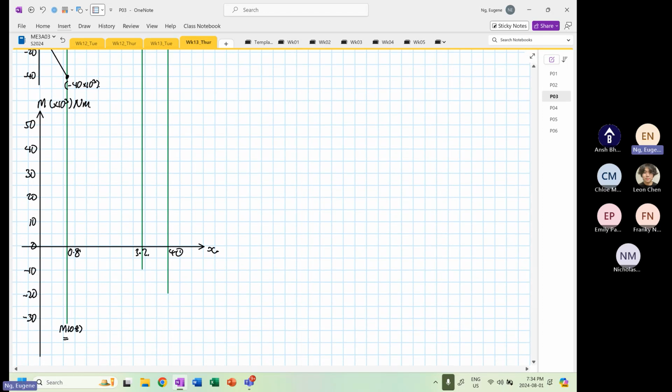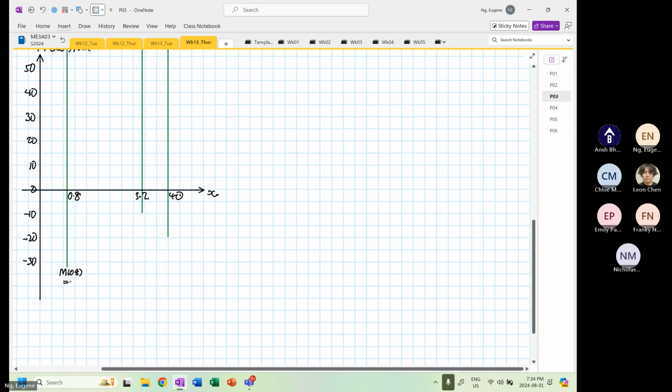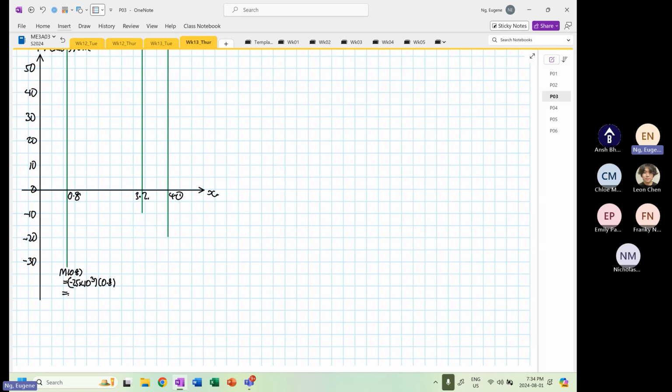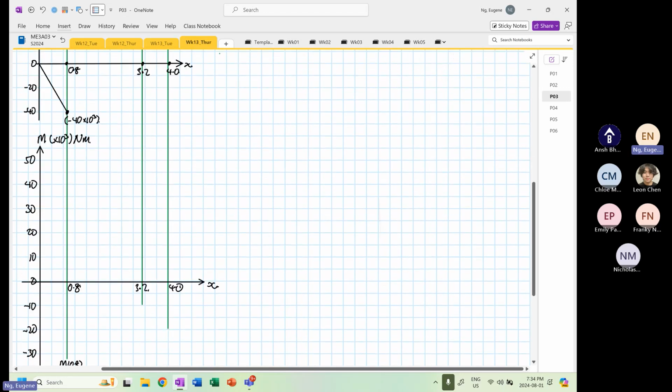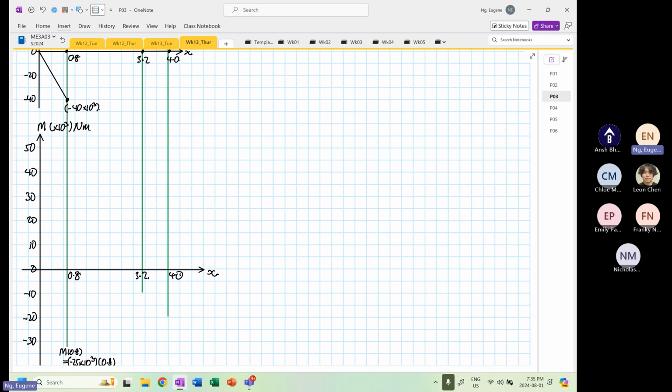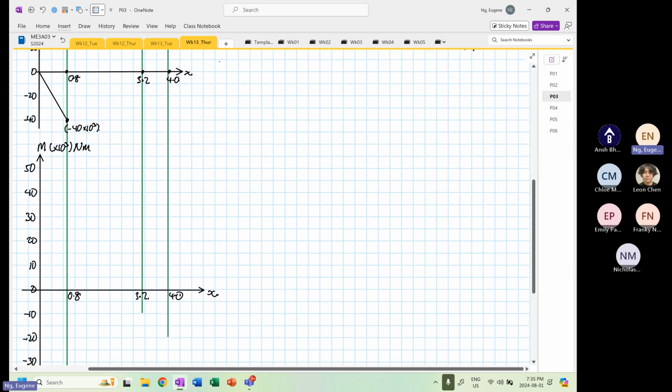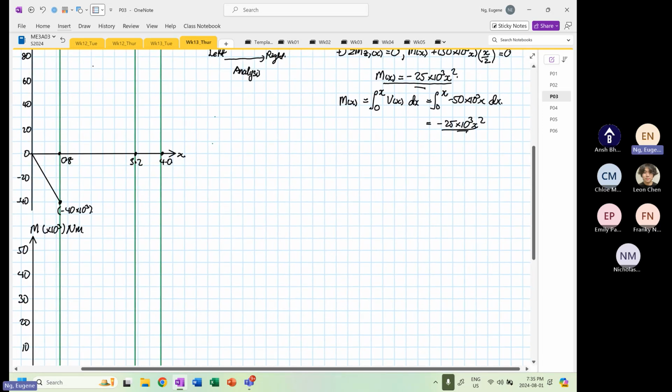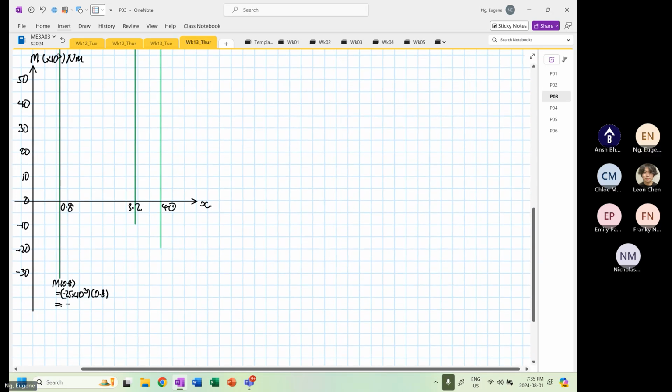This will be equal to minus 25 times 10 to the power 3 multiplied by 0.8 times 0.8, which is equal to minus 16 times 10 to the power 3 Newton meter.